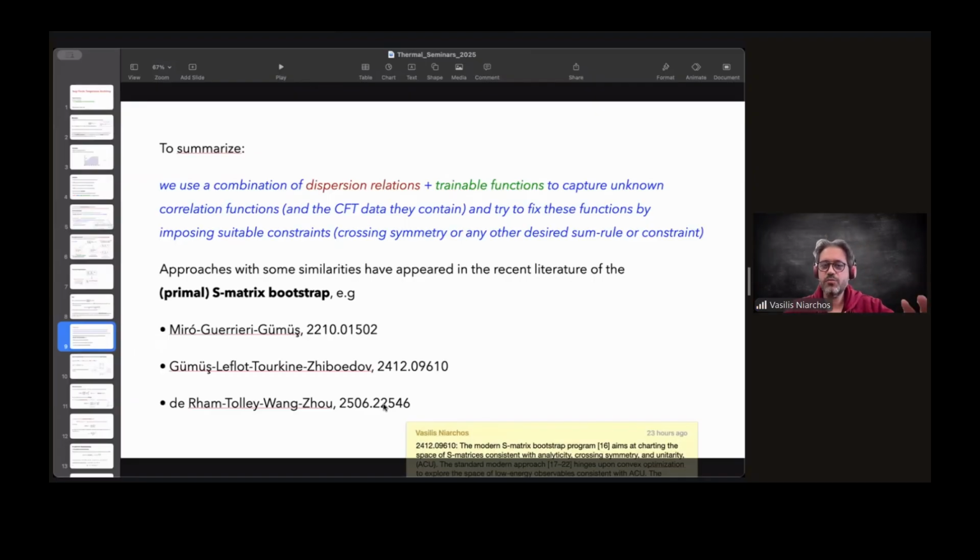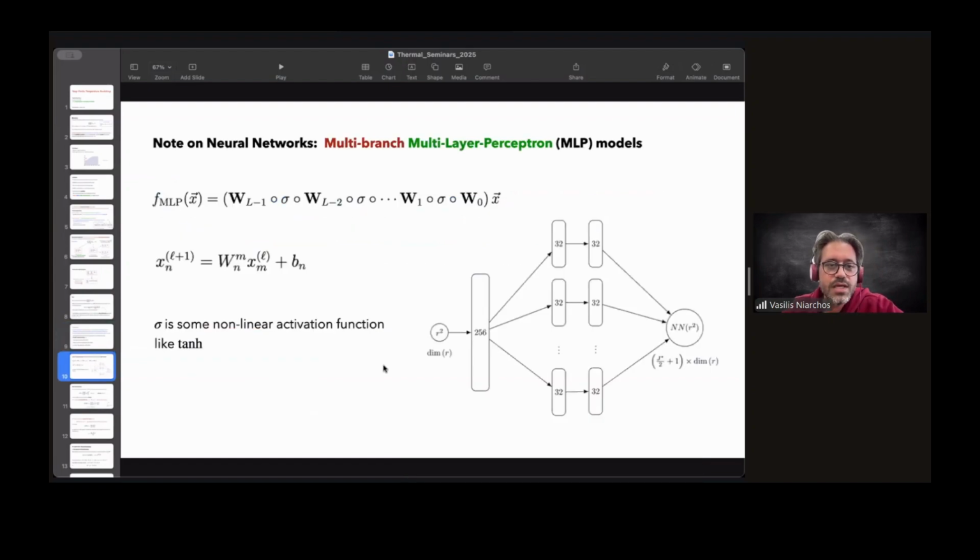Not exactly the same, or all the components together, but many of the words and concepts are related, like this paper in 2022 by Grigeri, or this paper by Sasha Zhiboedov and collaborators that actually uses machine learning techniques, neural networks, to do the optimization, etc. I won't talk a lot about machine learning here. It's not the most interesting part of the story.